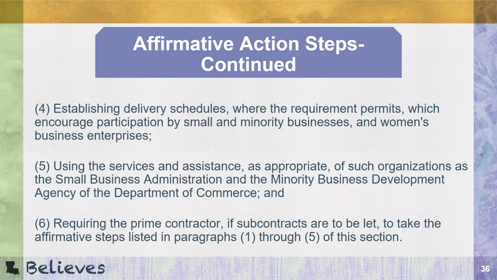You can establish delivery schedules where the requirements permit to encourage participation by small and minority businesses, using the services and assistance as appropriate of organizations such as the SBA and the Minority Business Development Agency to obtain lists of possible contractors. You can also require your prime contractor, if there are subcontracts to be let, that they must follow the same affirmative action steps that you must follow.